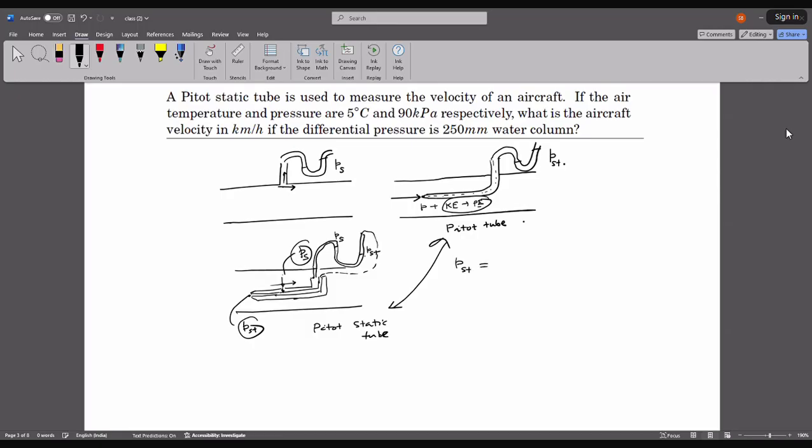So P stagnation pressure minus P static pressure is half rho m minus rho.